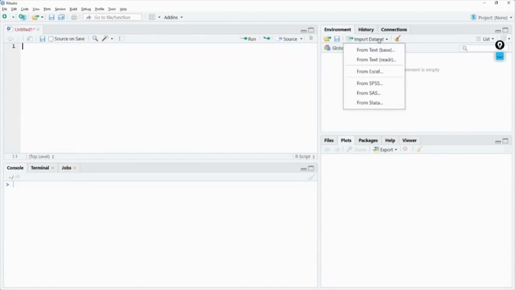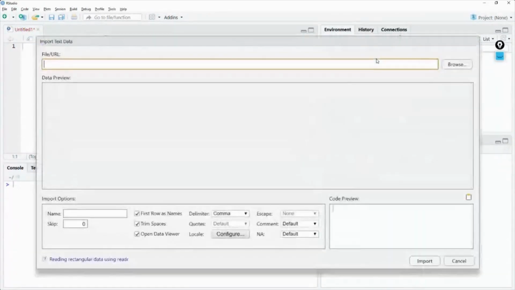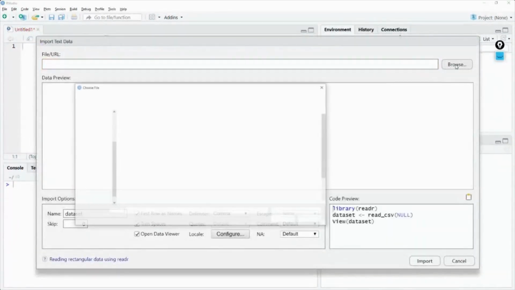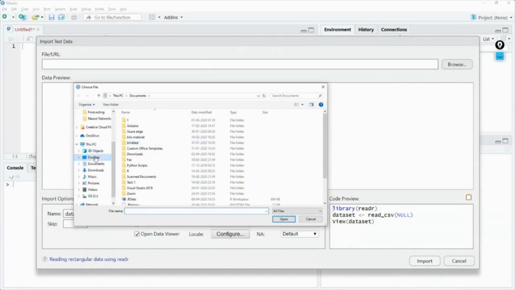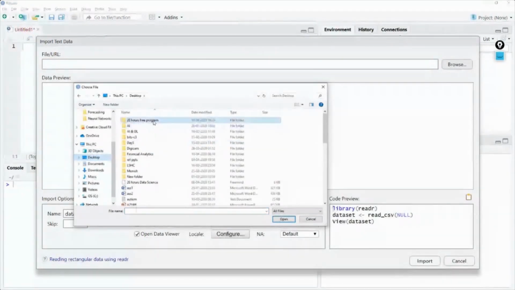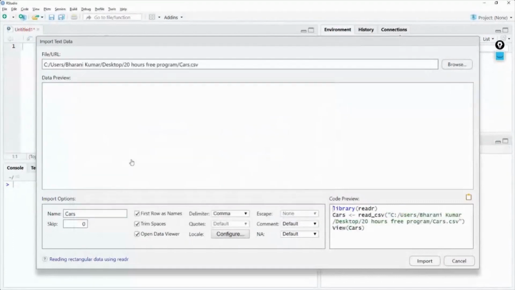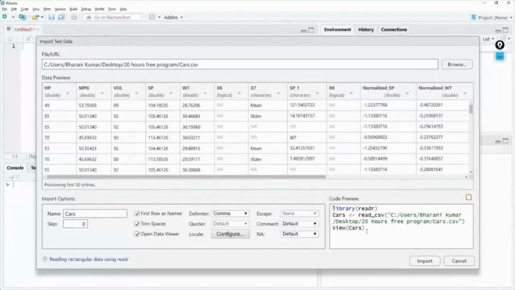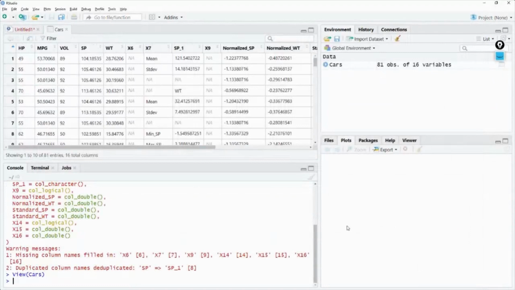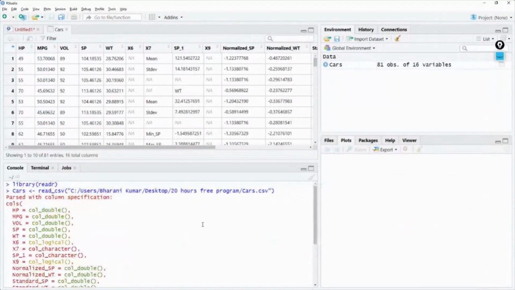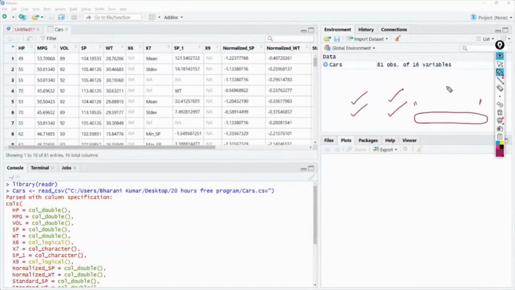And let me import a dataset from readr. I'll browse and locate the file cars. There we go. I'll click on import. As you know, all these things get triggered.